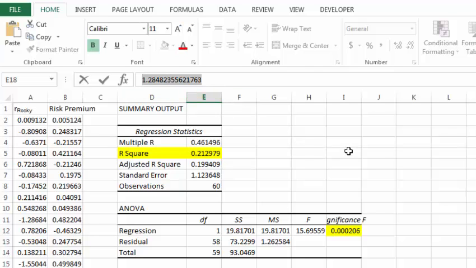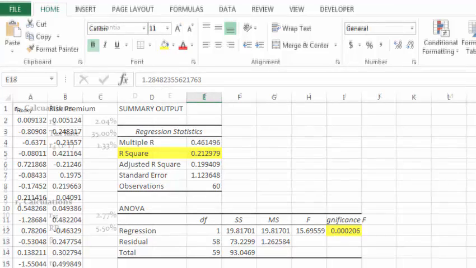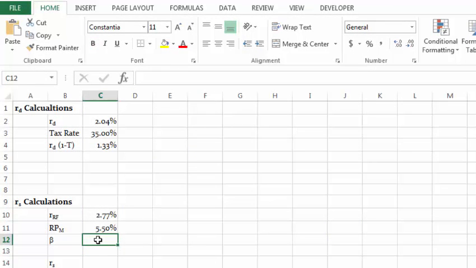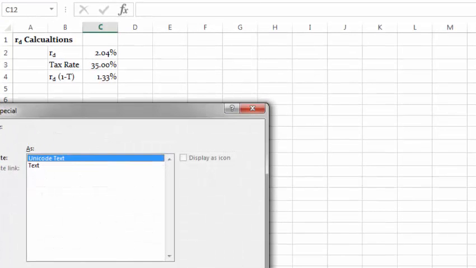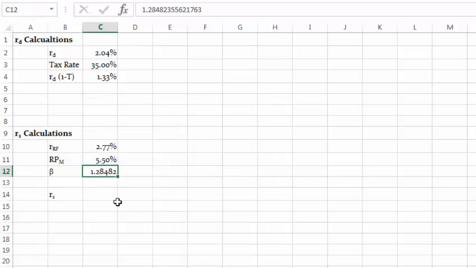I'm going to hit escape so that it is no longer highlighted, then pop back to my weighted average cost of capital sheet and paste. Doesn't matter which one, you goof. It drops it in there as text, so I don't actually have to adjust the formatting, just FYI. So equals R sub RF, well, let me do it in the order that it states.